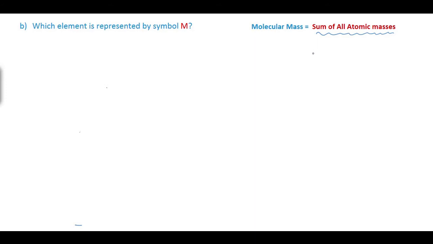An element can be identified by two of its properties. One is the atomic number, which is also called the proton number, and the other one is the mass number, that is also called the atomic mass. Here we are going to use the mass number in order to determine the metal M.